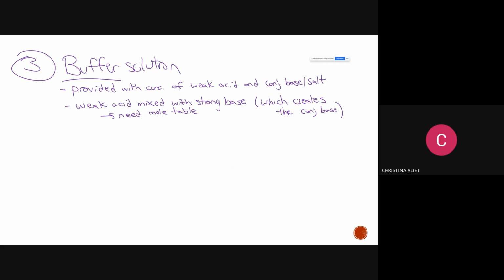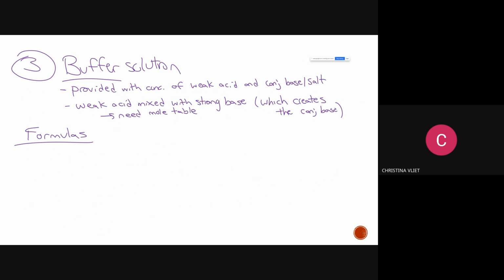What's the formula for buffer? So you've got one of those situations occurring. What are our formulas, and how many do you have to memorize for buffer? You just pick one. Francesca.